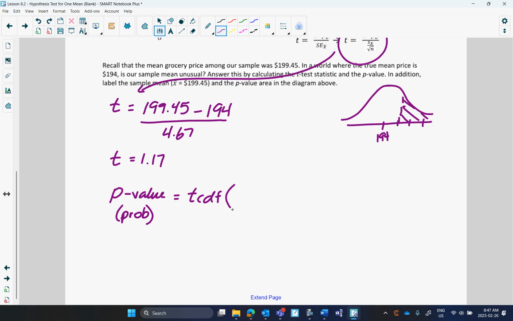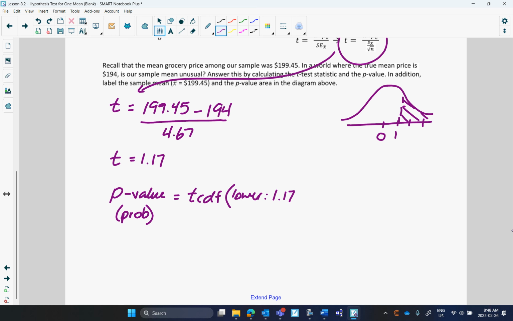So what's the lower boundary? Well, the lower boundary is 1.17. Sorry, because we standardized it, this is actually 0, and this is actually 1. So the lower boundary is 1.17, because we're that many standard deviations away.